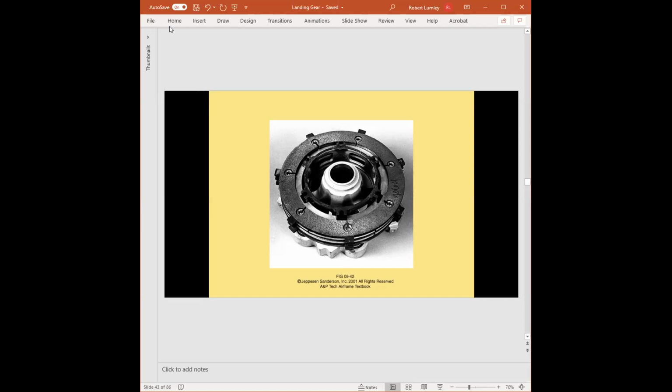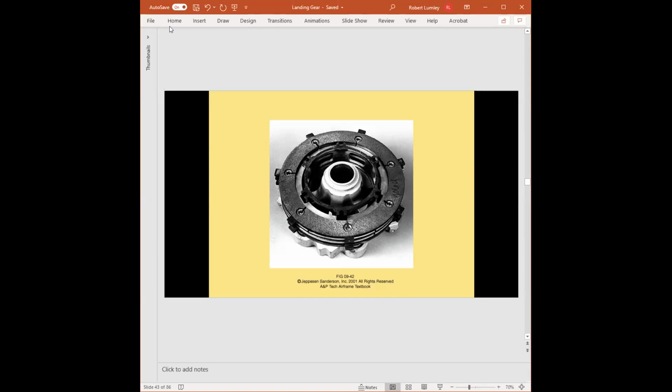But what they found is that when we removed the friction material, and now when we go to do the brakes, we have to replace all the stacks of discs, meaning the rotors and the stators, which gets really, really expensive.